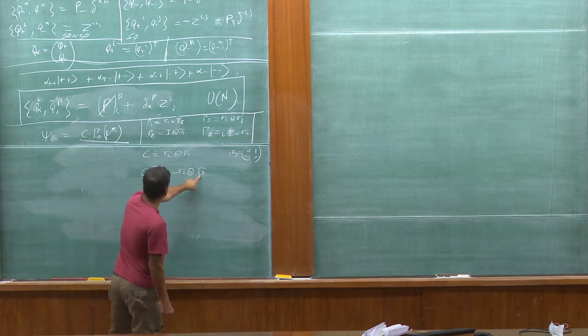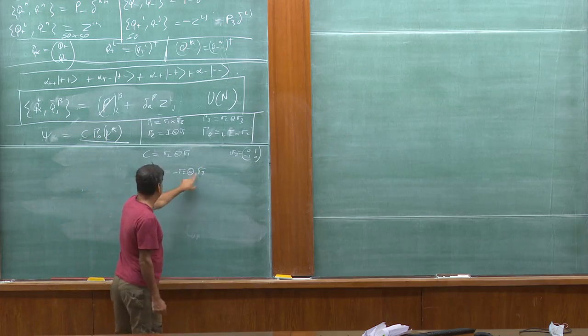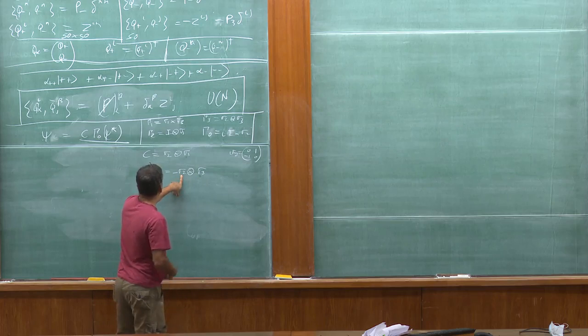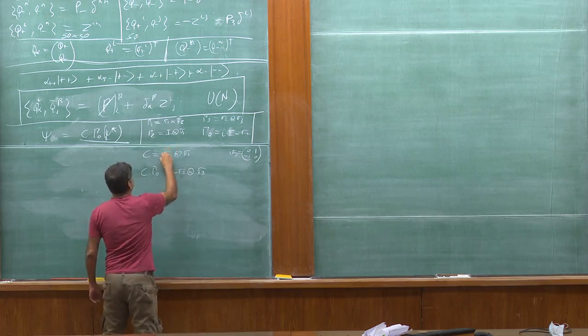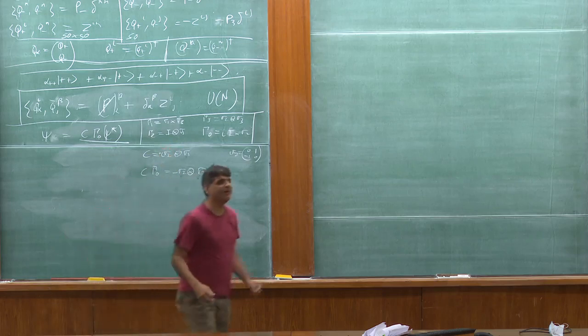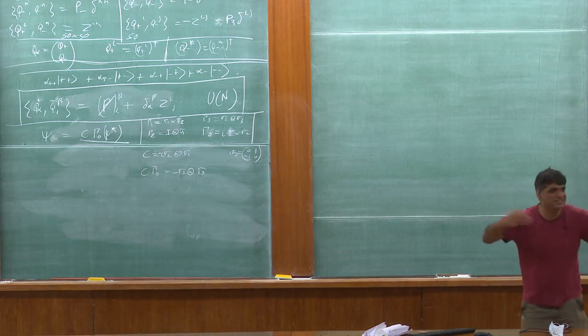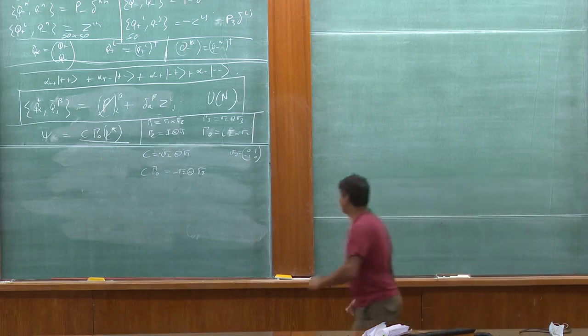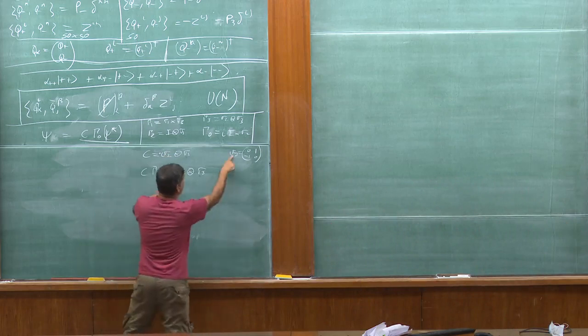Plus plus picks up no sign from here, and from here, oh what a pain, because there are i's. Shall I define C with an extra minus i? Let me define C with an extra minus i. Makes no difference, right? In all the relations, we were free to phase C with whatever we wanted. So then C times this, this becomes i times sigma 2.